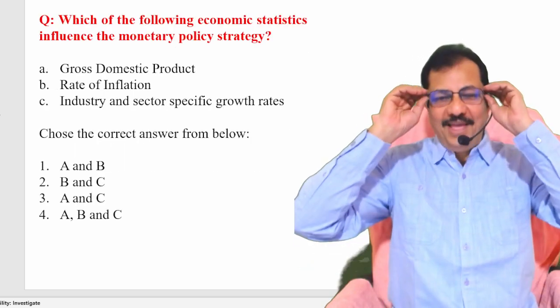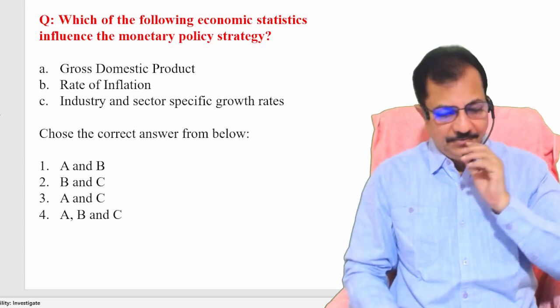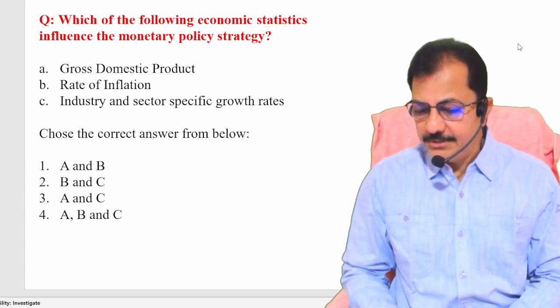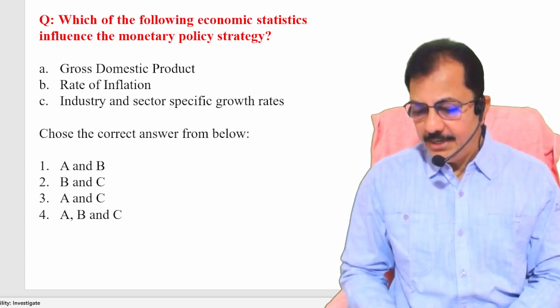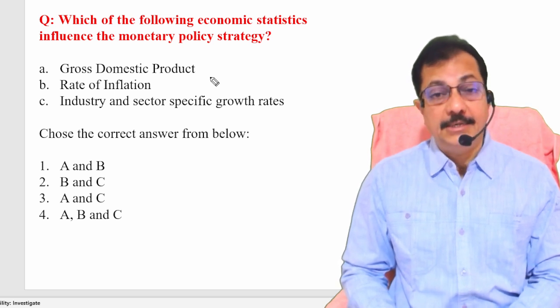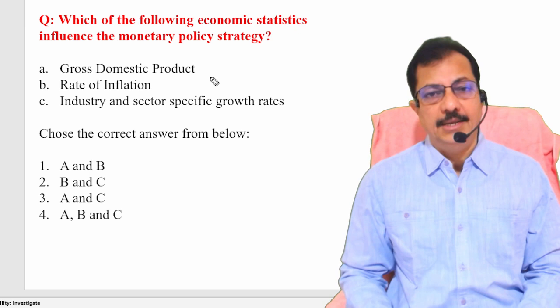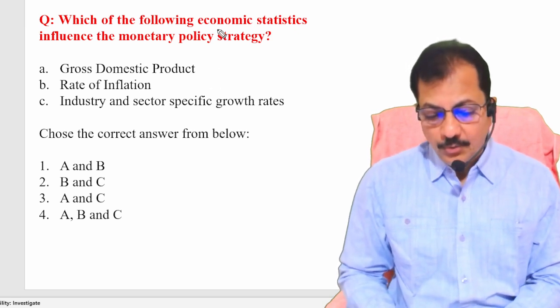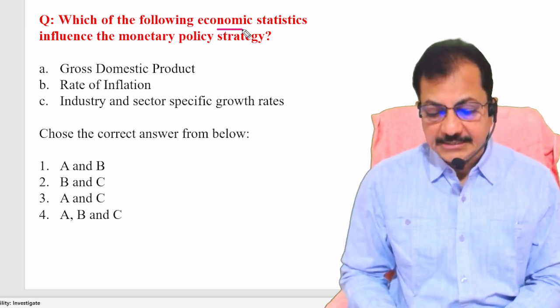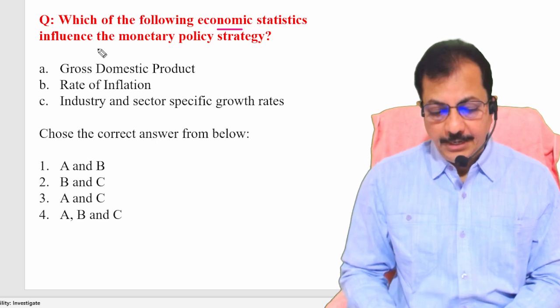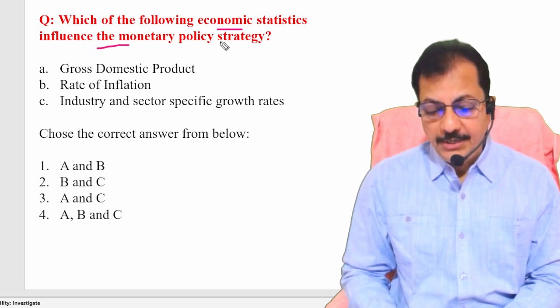Next, we have a question. We love to answering questions, because this is a very important thing, where you have objective type questions. This will be really helpful to you. Which of the following economic statistics influence the monetary policy strategy?